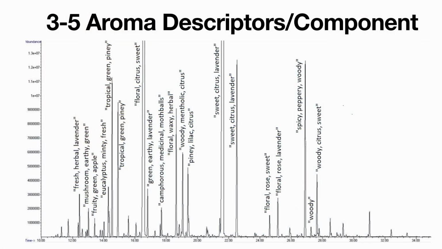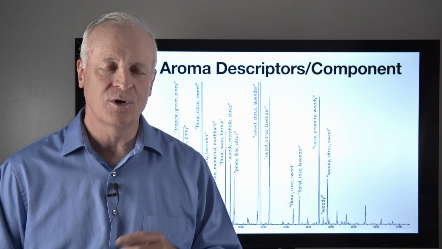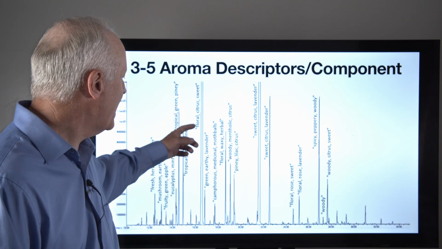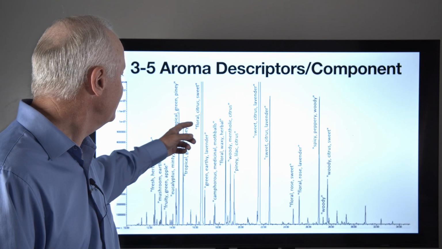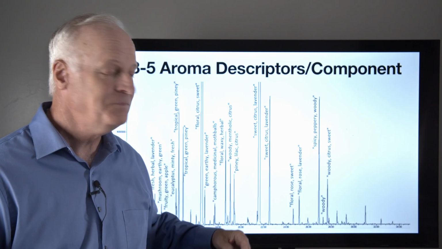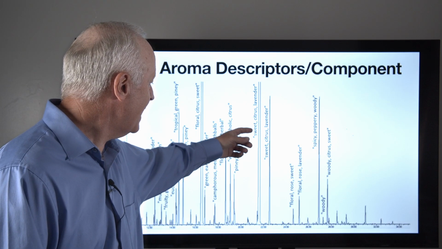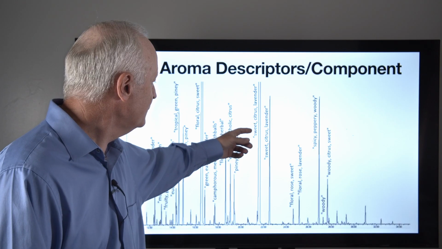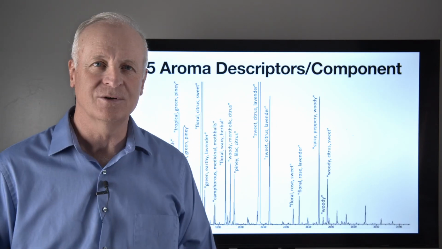In addition, did you know that each one of these components has an aroma, and not just one, but sometimes 3 to 5 aroma descriptors for each molecule? For example, if we go back to linalool, it has the aroma of floral, citrus, and sweet. If we look at linalyl acetate, we see it's called sweet, citrus, and lavender.